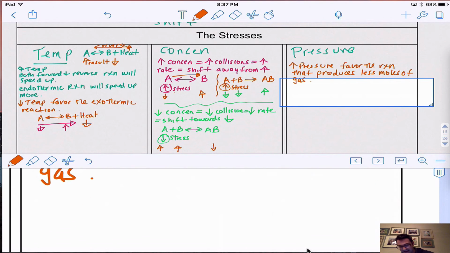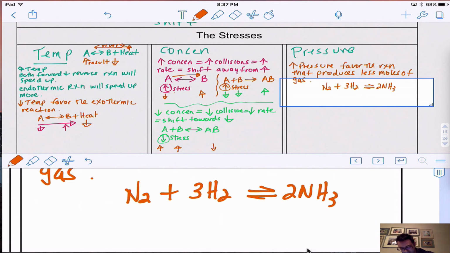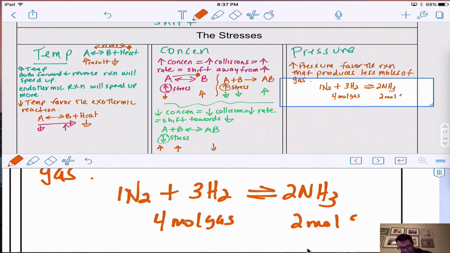Well, let's say that I had a reaction with all gases, the famous Haber reaction. To find the moles of gas on each side, on the left I have 1 N2 and 3 H2, so I have 4 moles of gas. And on the right I have 2 moles of gas. So you can see that the right side has fewer moles of gas.